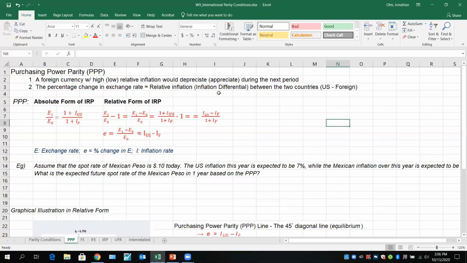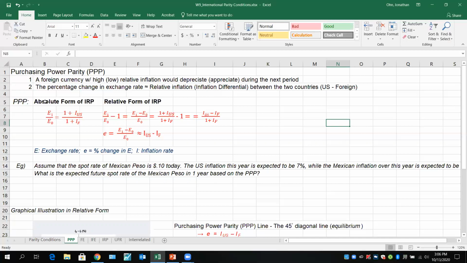The percentage change in exchange rate is roughly equal to relative inflation, or the inflation differential between the two countries, US and foreign. The relative inflation, we talked about in chapter 4 as the major determinant of exchange rate.